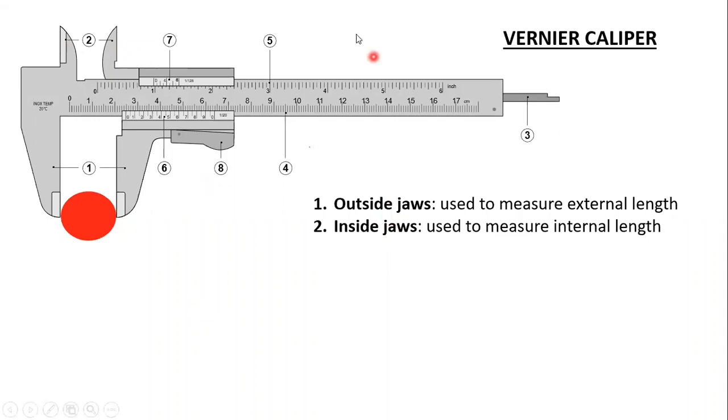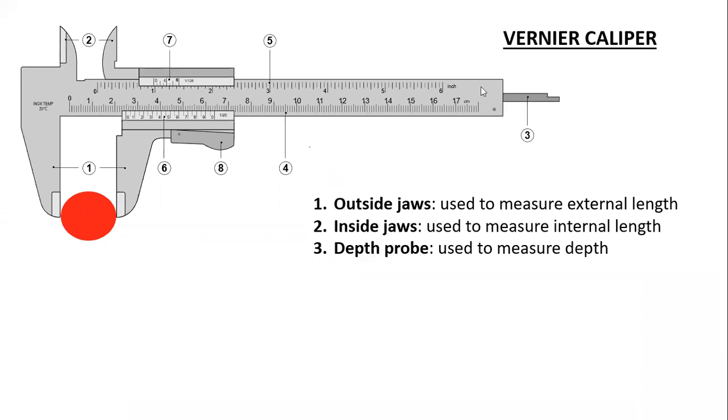Next, the third one is your depth probe. It is at this point. The depth probe is used to measure the depth of any concave or convex surface. For example, a plate has a depression. If you want to measure the depth, we can use this third one, the depth probe.